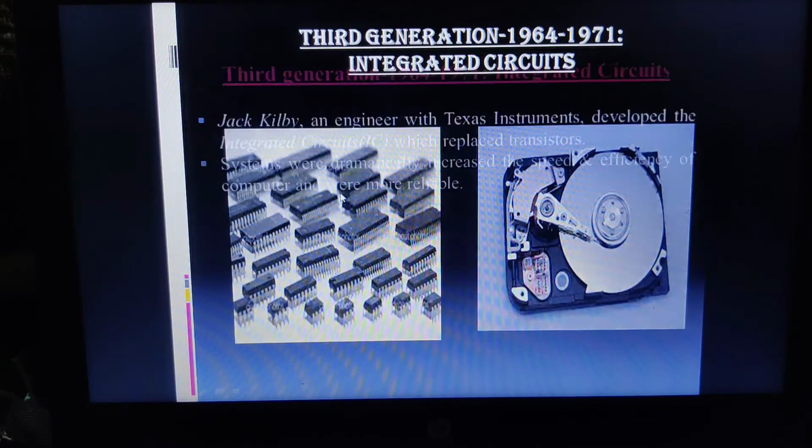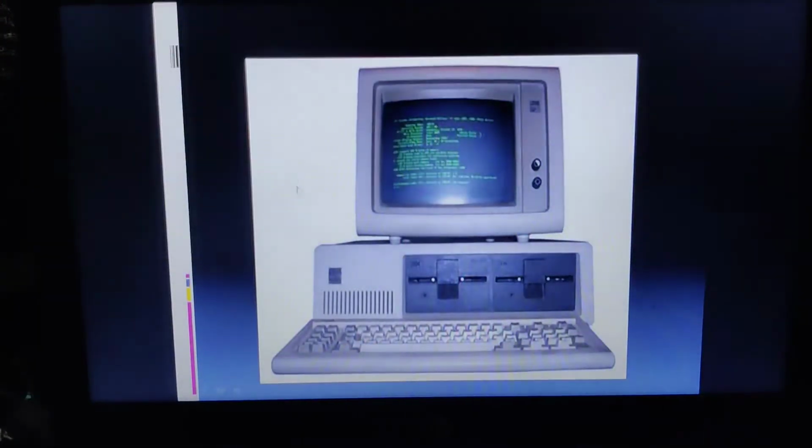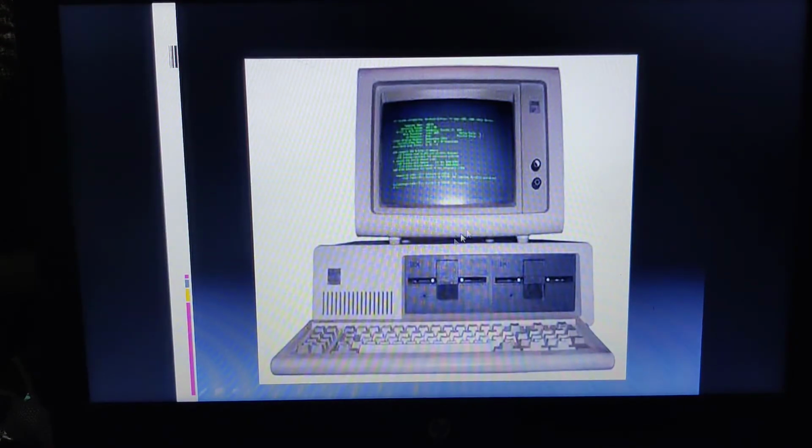In the third generation, minicomputers were being introduced. Because minicomputers had come into existence, for input and output purposes we were using keyboards and monitors. For input we were using the keyboard, and for output we were using the monitors.